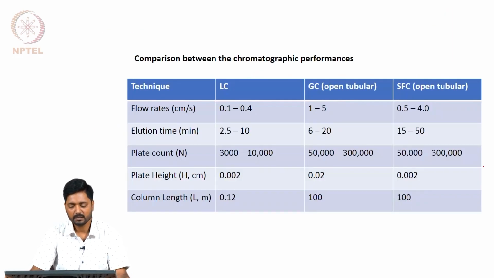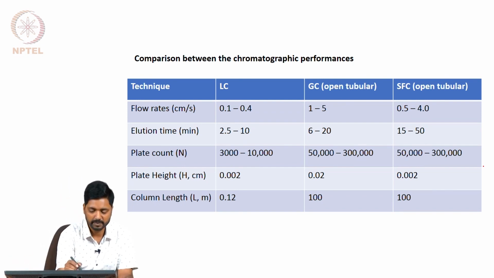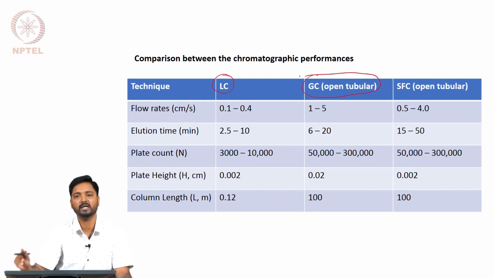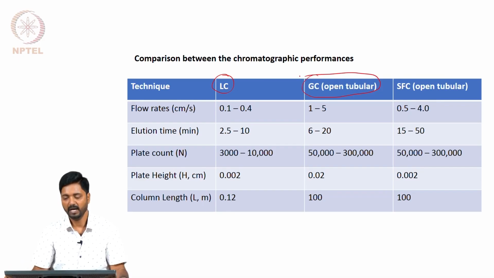Now, here I have compared the chromatographic performances of the three systems: the liquid chromatography systems, gas chromatography being operated in the open tubular form, and supercritical fluid chromatography again being operated in the open tubular form.